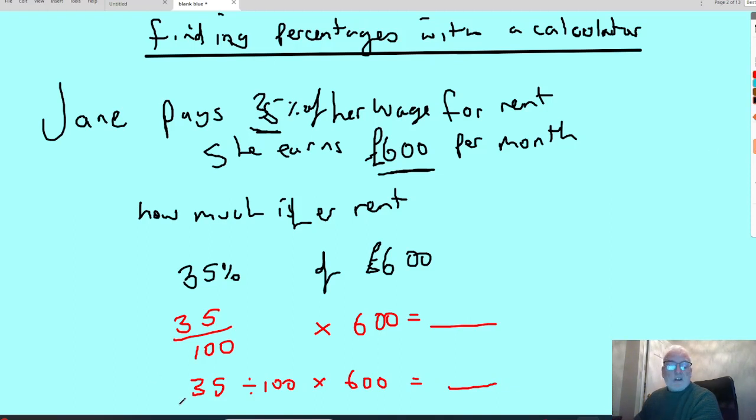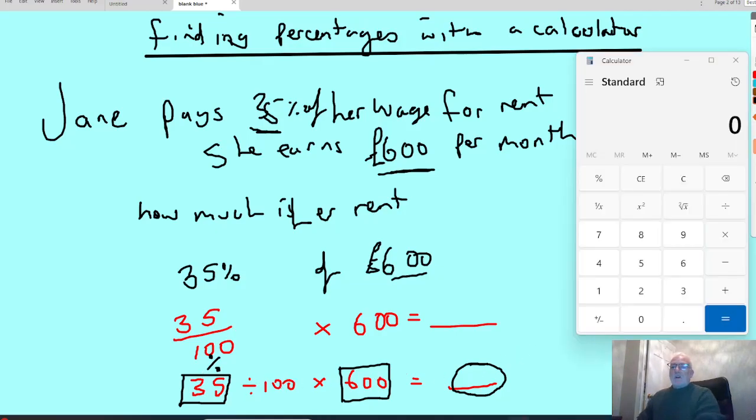The reason I've written it in that way is so that you can think the value at the front is always my percentage, and the value at the end is the number they give me in the question. So if they told me the total amount, I'm going to do 35 divided by 100 times by 600. Let's have a look at the calculator and pop that in.